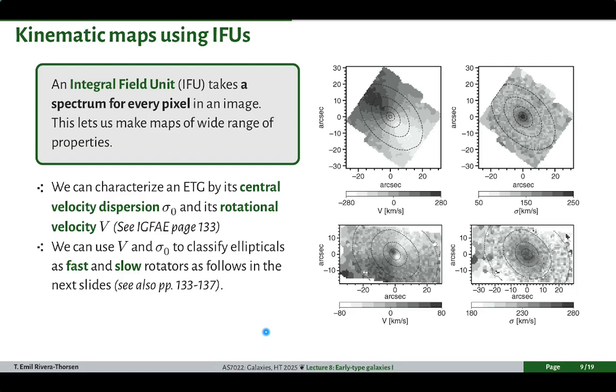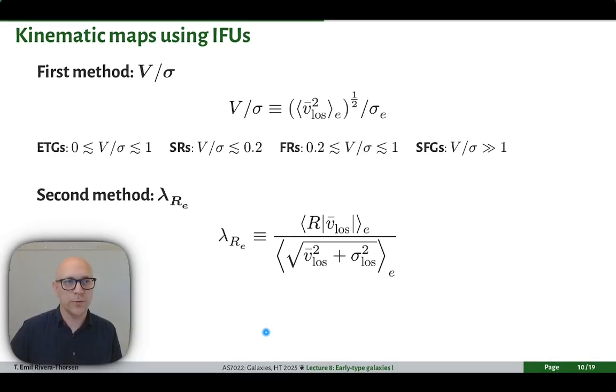More quantitatively, the way we do these classifications is by using either what we call the V over sigma method or the lambda RE method. And these are basically just different ways of quantifying the importance of rotation versus the importance of internal random velocity dispersion.